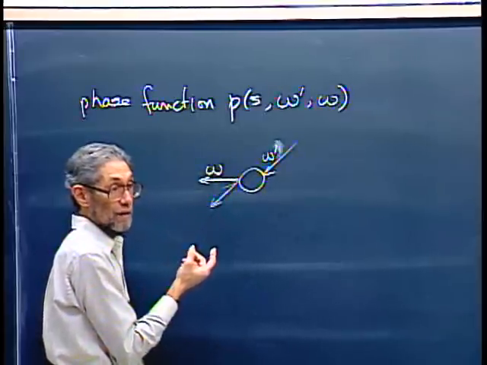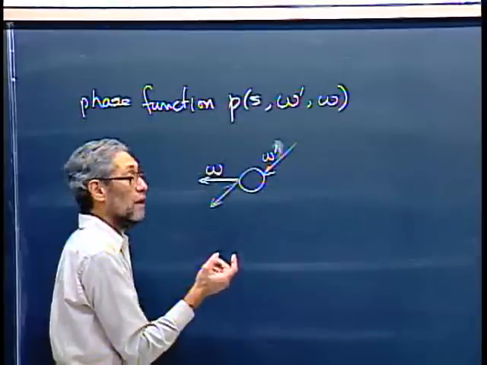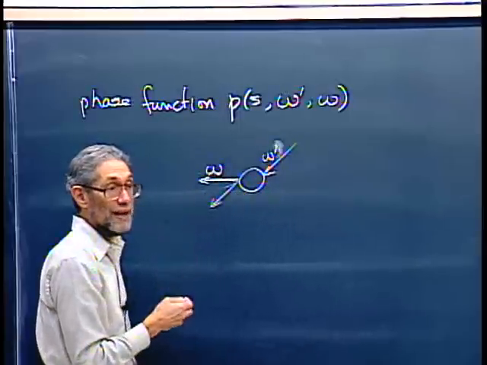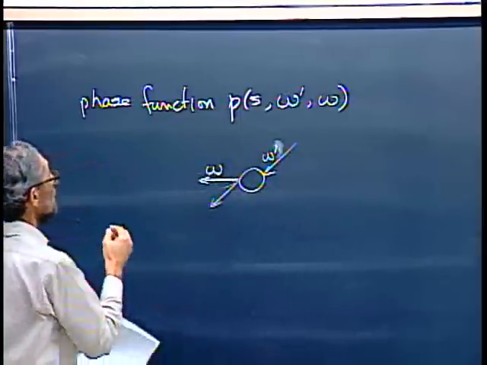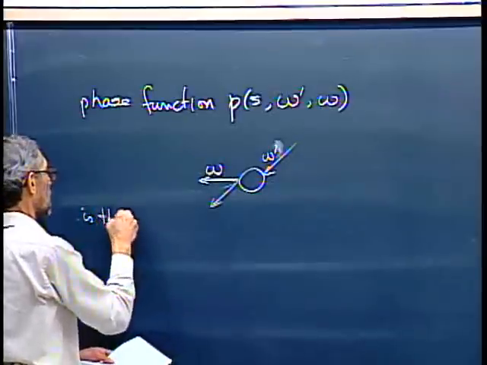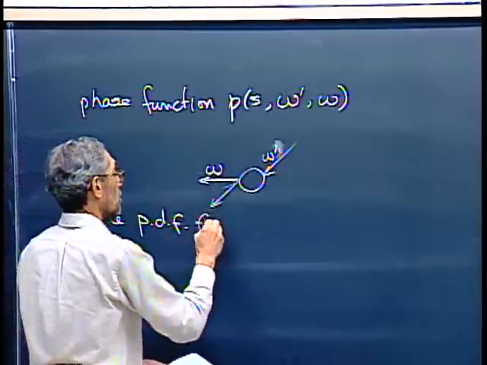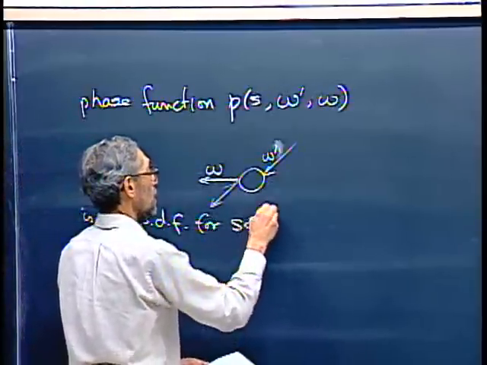And if it's mostly back scattering, it'll be for angles where the angle between them is big. But in any case, this is the probability distribution function for scattering.